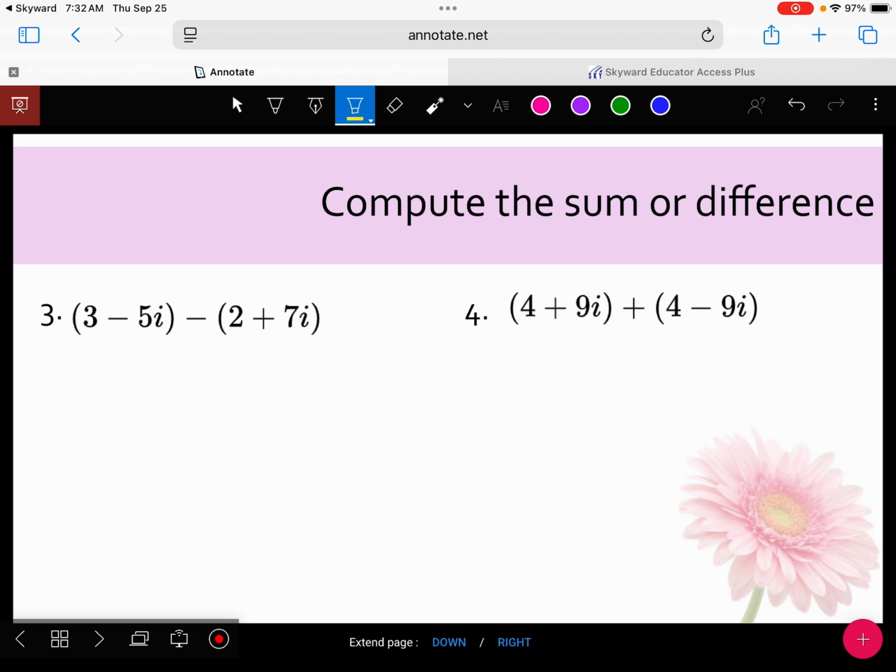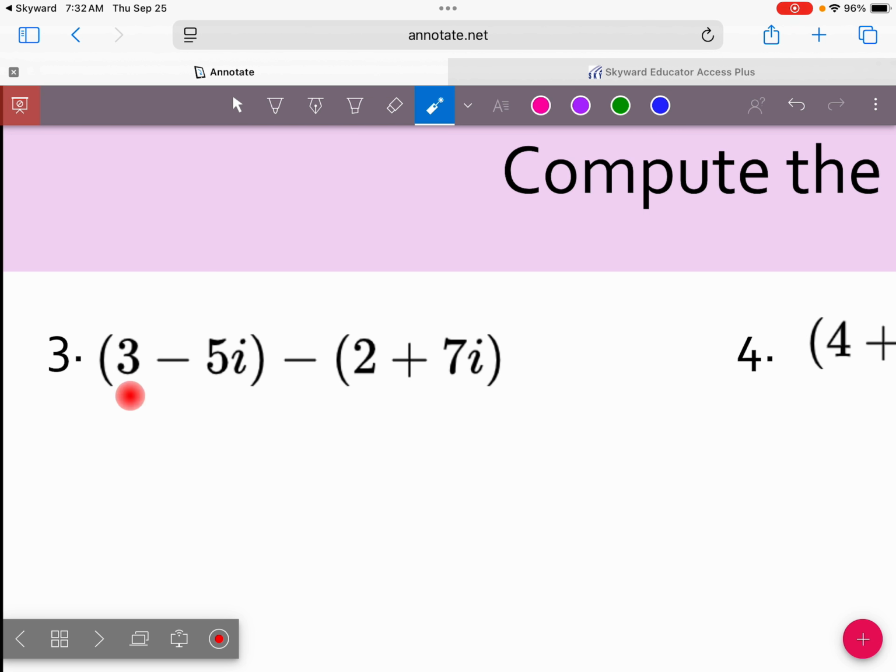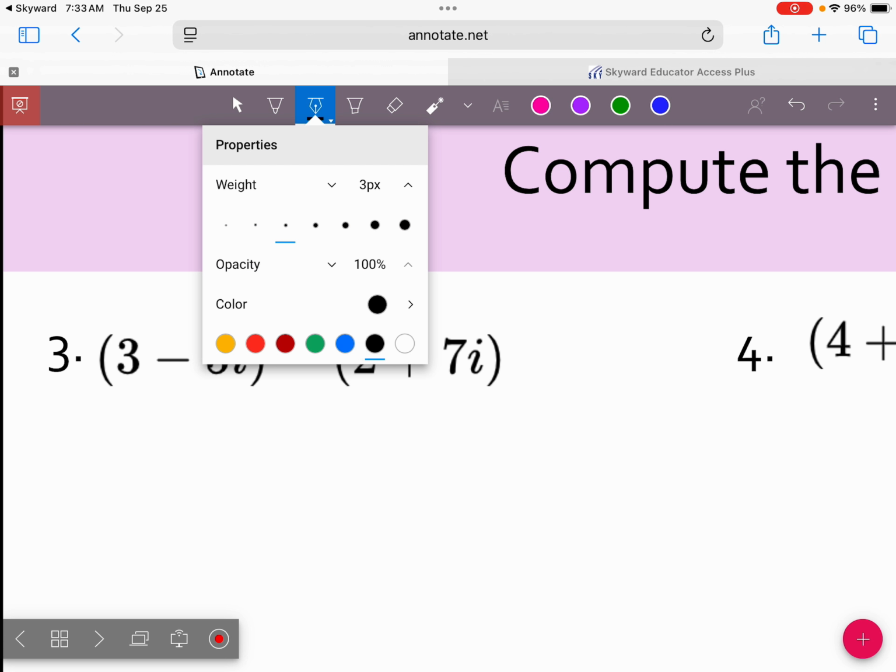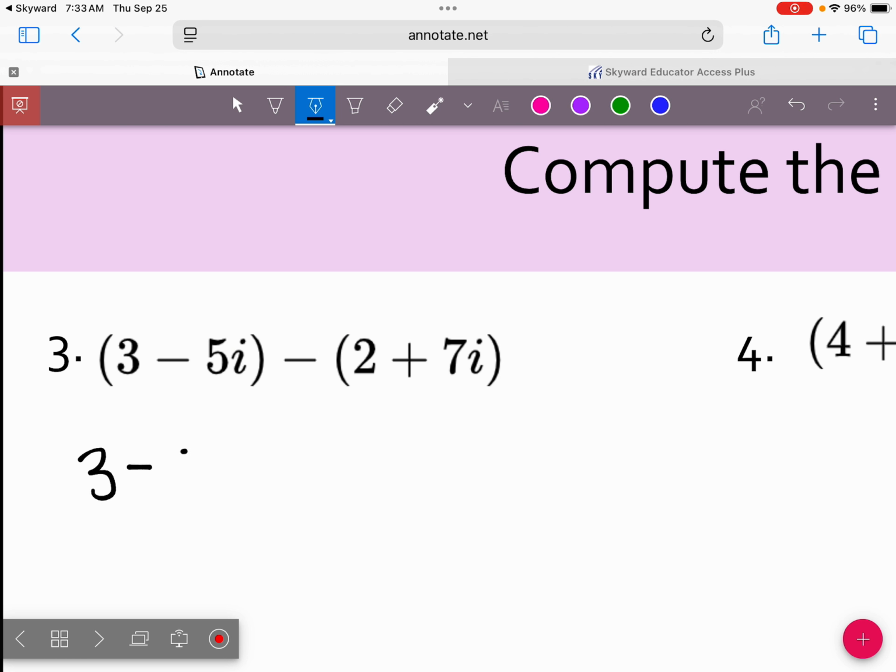So we have another subtraction one here. Again, on this first term, I don't really have any need for these parentheses. They're not doing anything for us right now. So this is exactly the same as if I had my 3 minus 5i. But before I can drop these parentheses over here, I need to deal with this minus sign. We need to distribute this to both pieces.